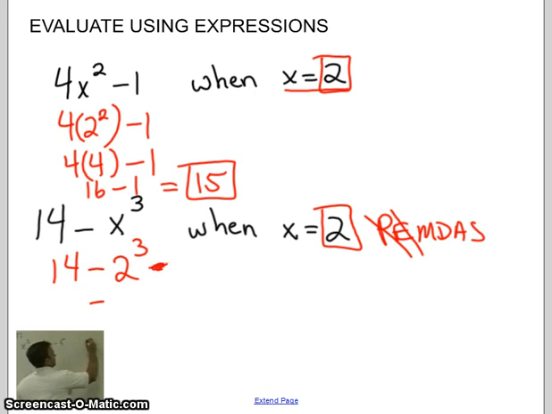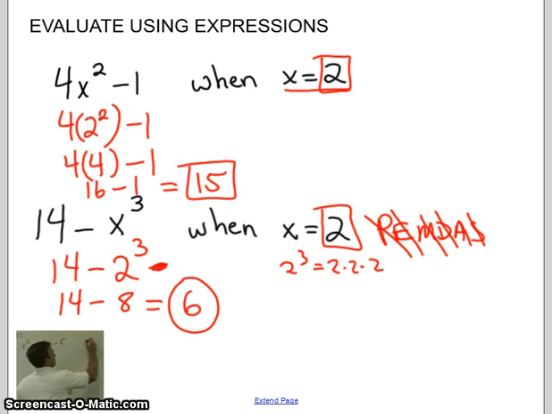I'm just going to do a side note here. 2 to the third means 2 times 2 times 2, which is 8. Do we have multiplication or division? No. Do we have addition and subtraction? Yeah, that's all that's left. So let's subtract, and we get 14 minus 8, which is 6.